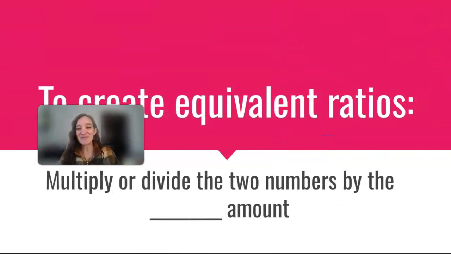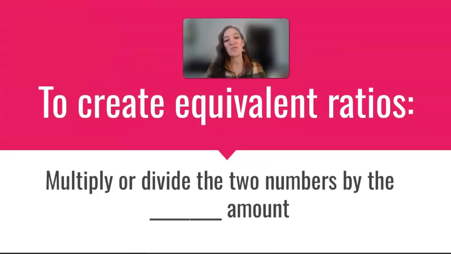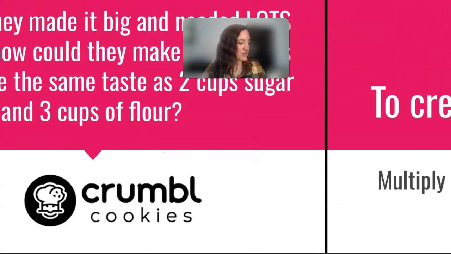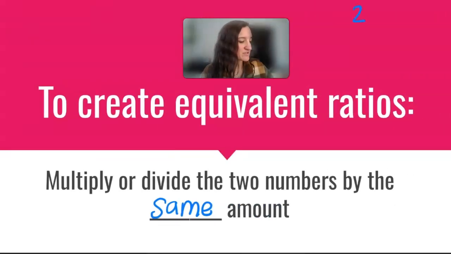So how do we do that? Well, we take the two numbers that we are comparing and we multiply them by the same amount. With our cookie recipe, it was 2 cups of sugar to 3 cups of flour. If they wanted to double that, well, then they're going to times it by 2 and they're going to get 4 cups and 6 cups.